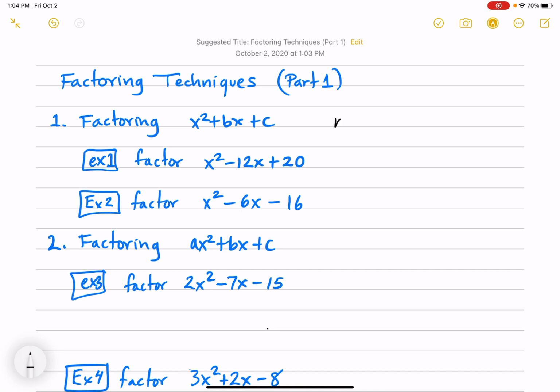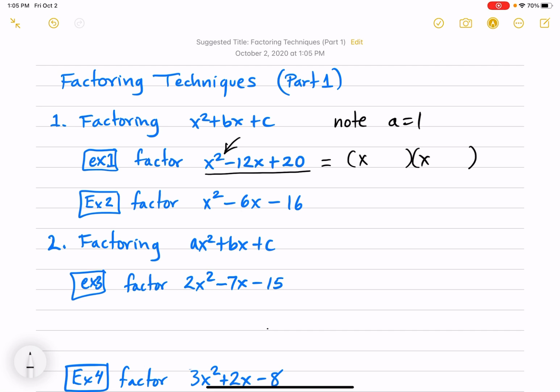Notice here a equals 1. So if you have a trinomial where the leading coefficient is 1, this is how you factor it out. If we multiply two binomials to get this trinomial here in example 1, we need to have an x times an x to get an x squared here.